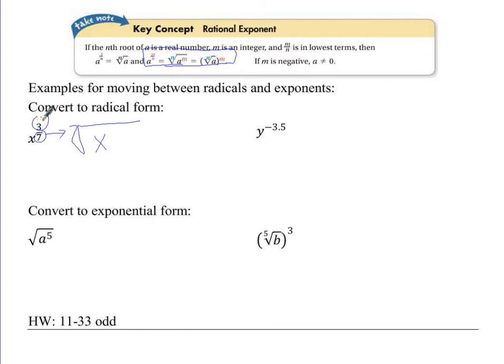The numerator is attached to the thing inside. That's it. That's the answer. You would have to simplify this if the exponent here is bigger than the index outside. You'd have to simplify it like we've been doing this entire chapter. But if not, then you're done. That's the answer right there.